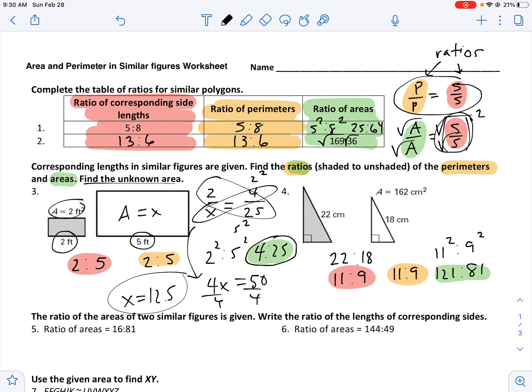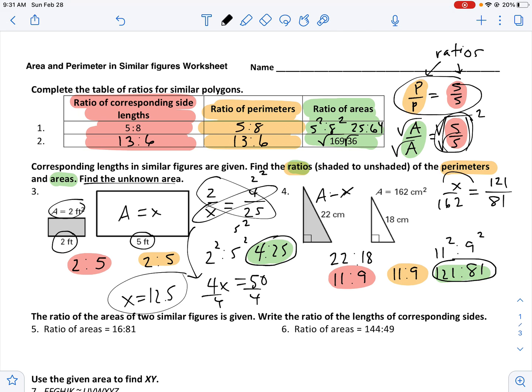Now it says find the unknown area, aka make a proportion and solve. Well, we know area over area, so x and 162 is going to be equal to our area ratio, 121 to 81.